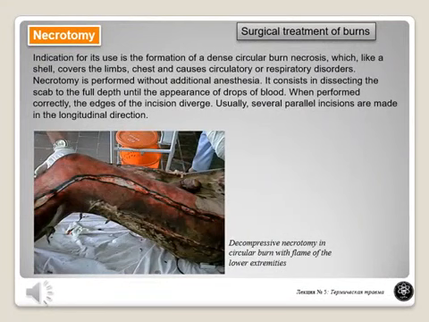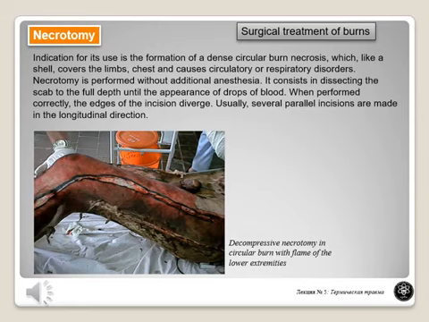So, necrotomy is the dissection of such dead necrotic tissues. An indication for its use is the formation of a dense circular burn necrosis, which, like a shell, covers either the limb or the chest, causing a violation of blood circulation, for example, or of the respiratory movements of the chest. Necrotomy is performed without additional anesthesia.